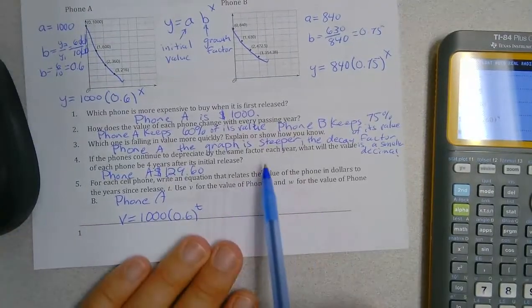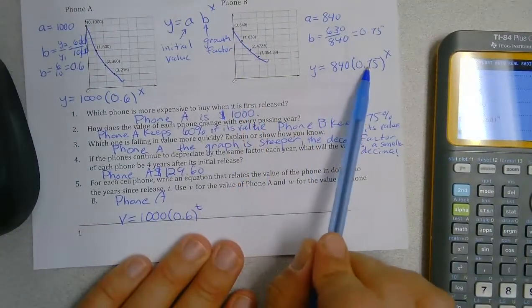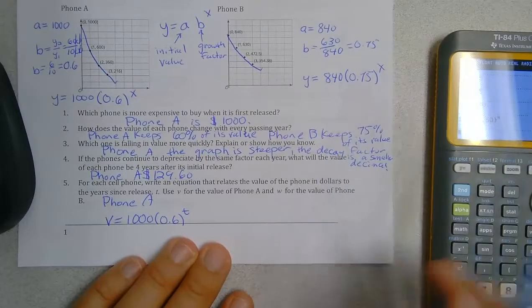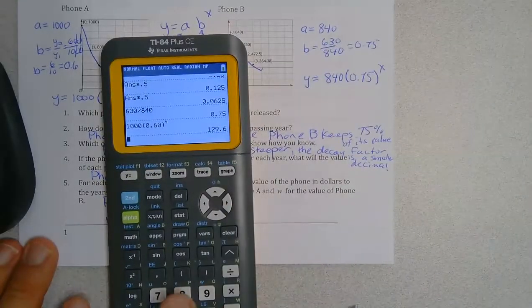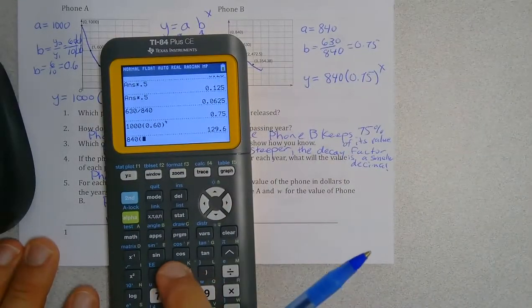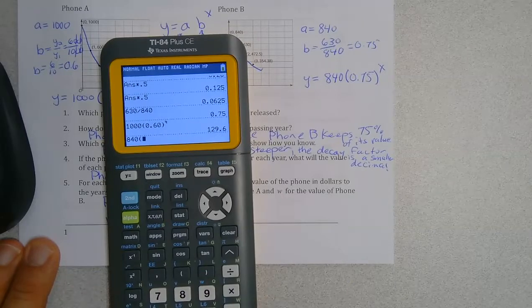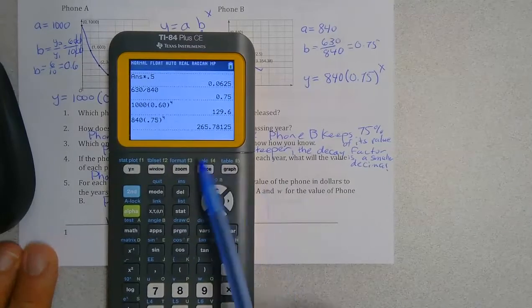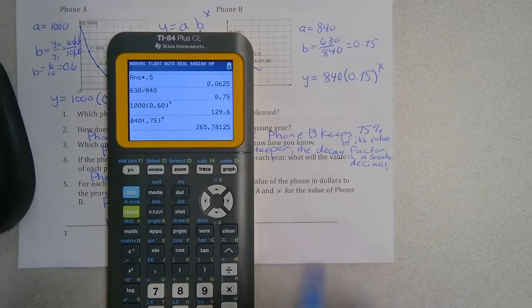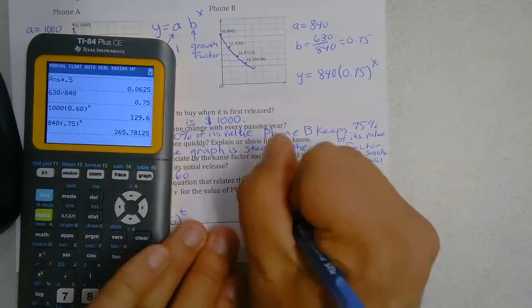Now we're going to work with phone B. After 4 years, we're just going to plug in 4. We type in 840, its initial value, times 0.75, the decay factor, to the fourth power, and we get $265.78.